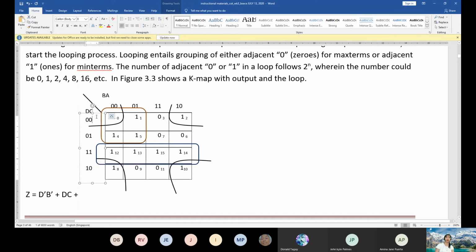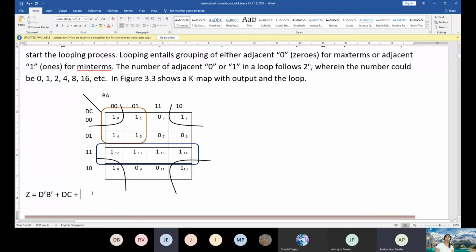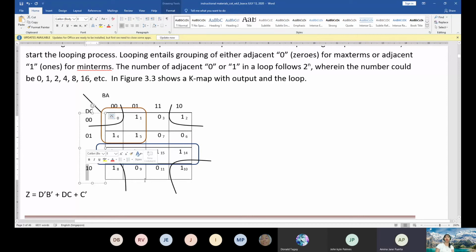Then we compare C to C: 0 and 0. So what will happen to C? C prime. How about for D? D is 0 and 1. Eliminate. D is eliminated.